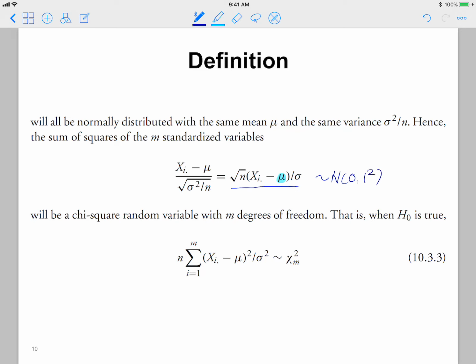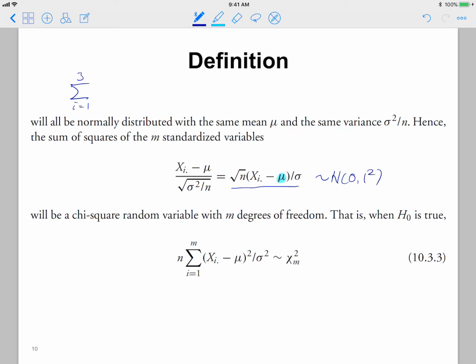And then we basically sum them up for different groups. Okay, so we actually sum their squared value. What I mean is, we sum over all the groups starting from 1 to 3.